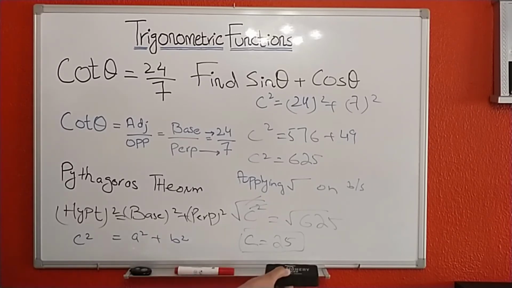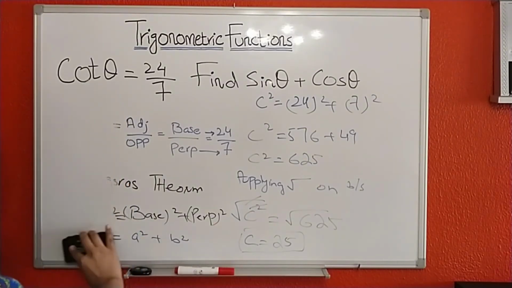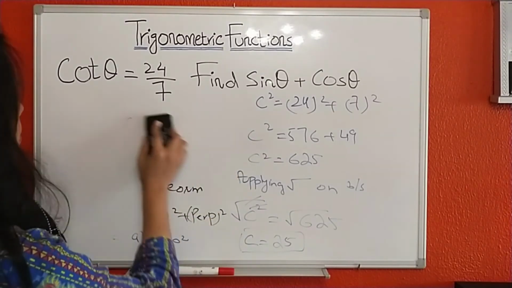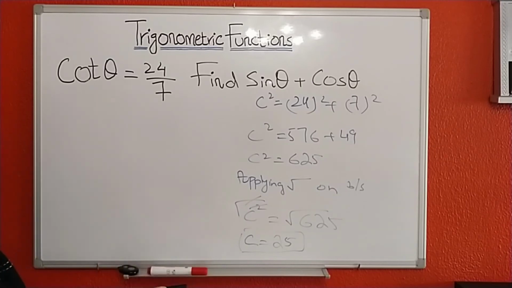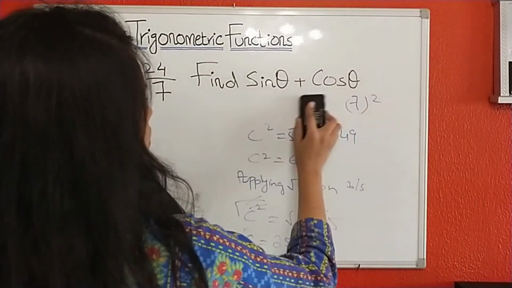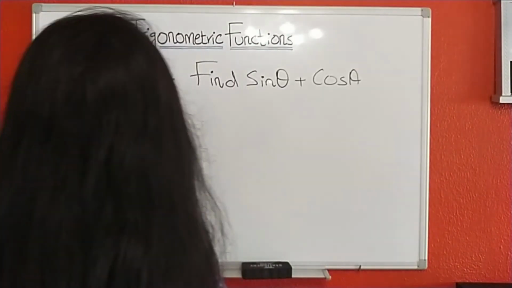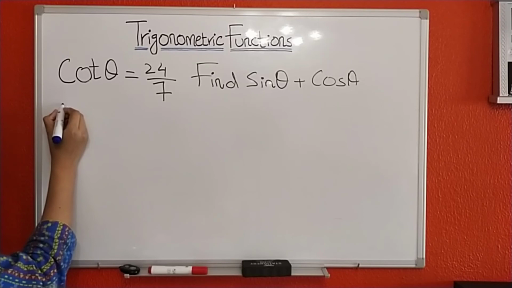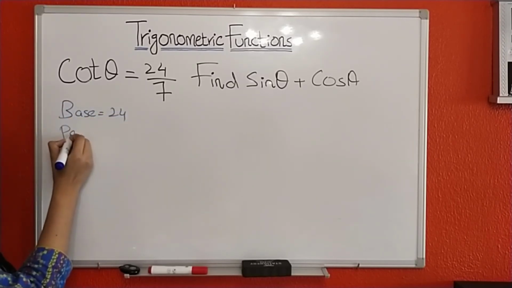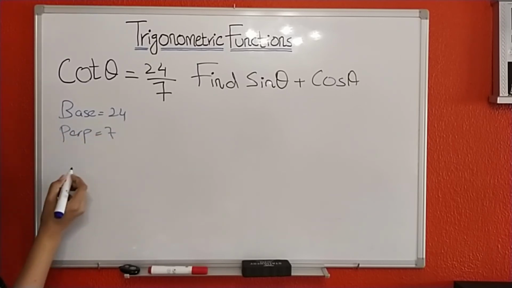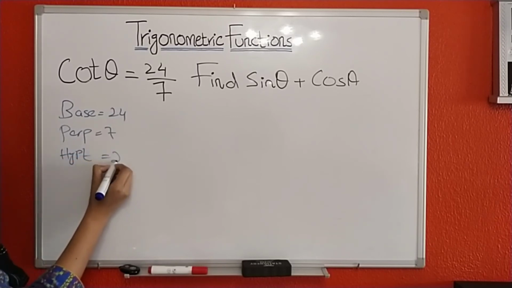Now I am erasing this part. So the value of base is 24, perpendicular is 7, and hypotenuse is 25.